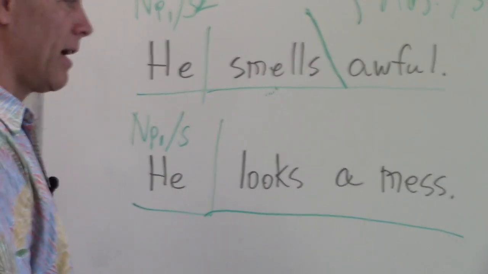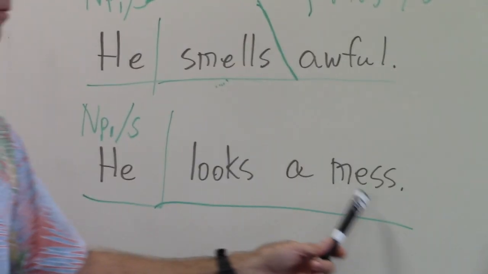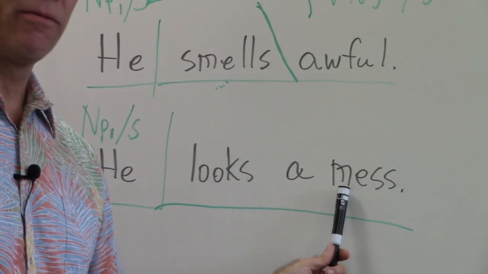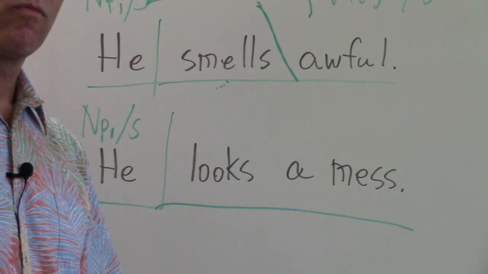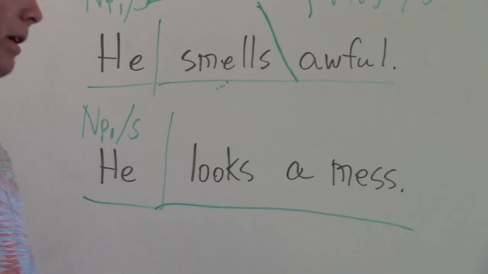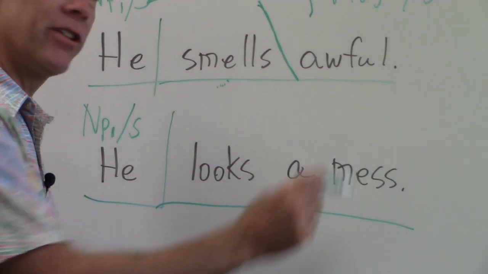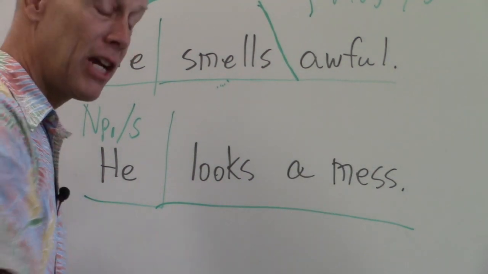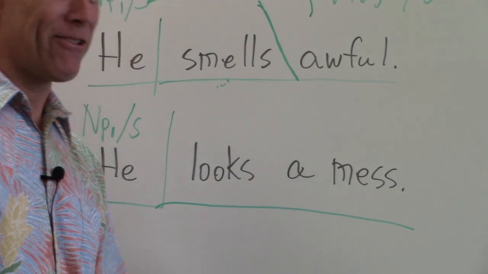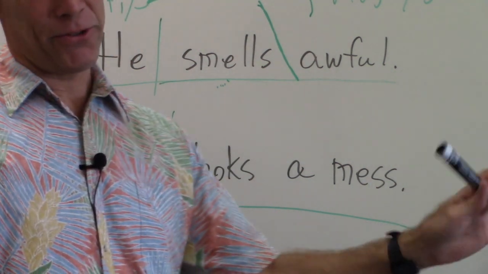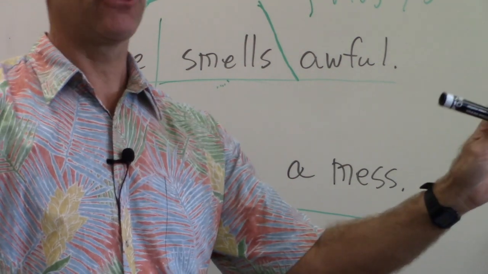Looks, okay? Now, what kind of word is this? Is this an adjective? No. Well, can you touch this? Yes. Can you give it a hug if you wanted to? Yes. Okay, some nouns you can't do that with because they're sort of abstract, like my thoughts, right?